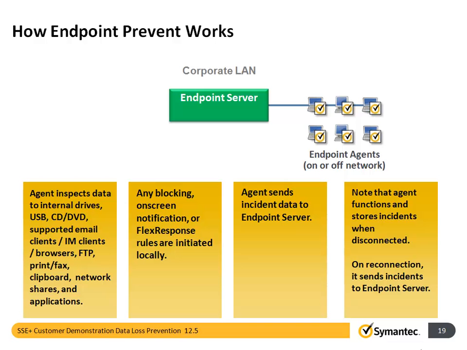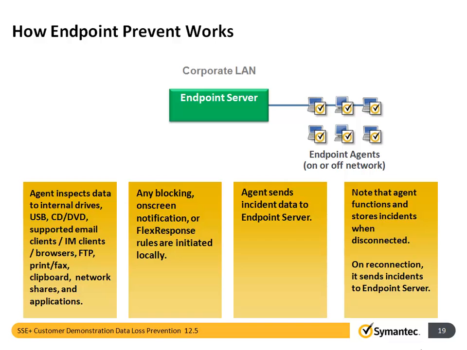Very important to note that the agent functions and stores incidents when disconnected from your network. On reconnection, it sends incidents to the endpoint server and then up to Enforce. So you are protected whether those agents are on or off your network. We didn't really see Endpoint Discover in this demo, but Endpoint Discover and Endpoint Prevent share the same architecture, the main part of which is a very compact, stable agent that runs on your endpoints.